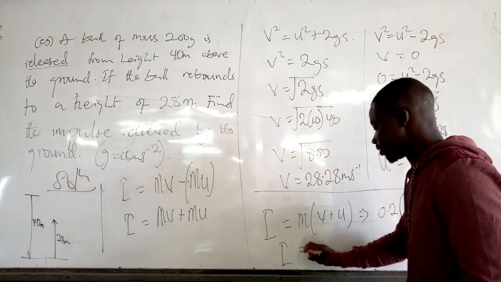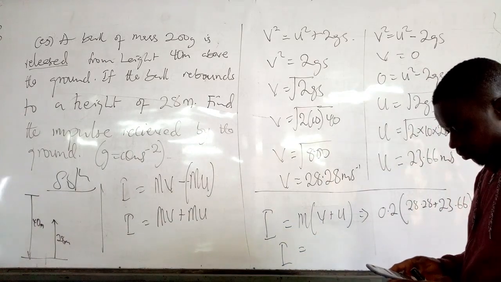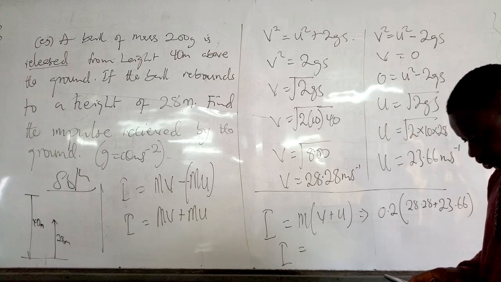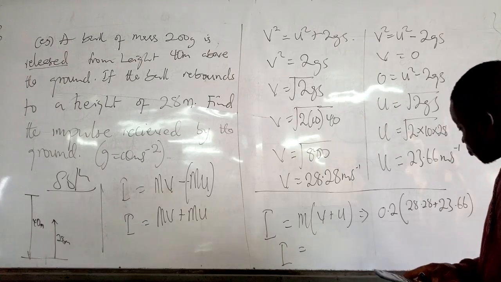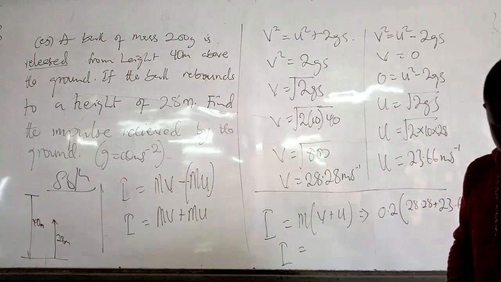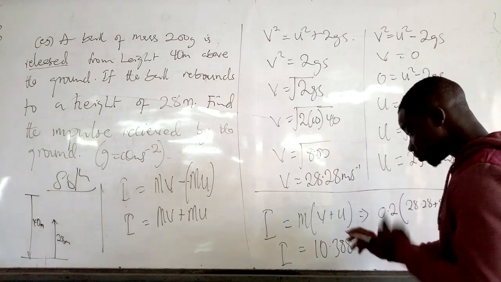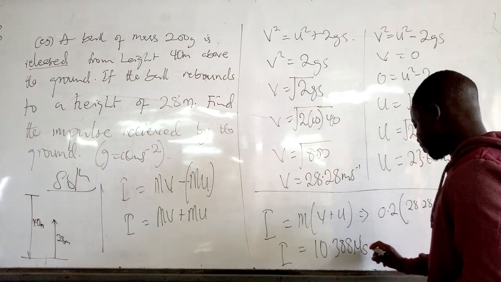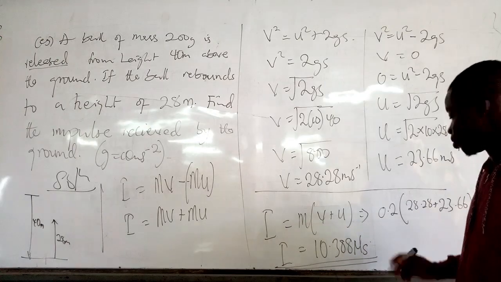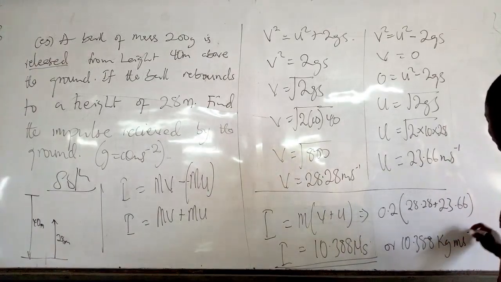So the impulse I is equal to 0.2 into bracket 28.28 plus 23.66, bracket close, and that will give us 10.388 newton seconds. All right? The unit for impulse, impulse is force times time, so that gives us newton seconds, or 10.388 kilogram meter per second.